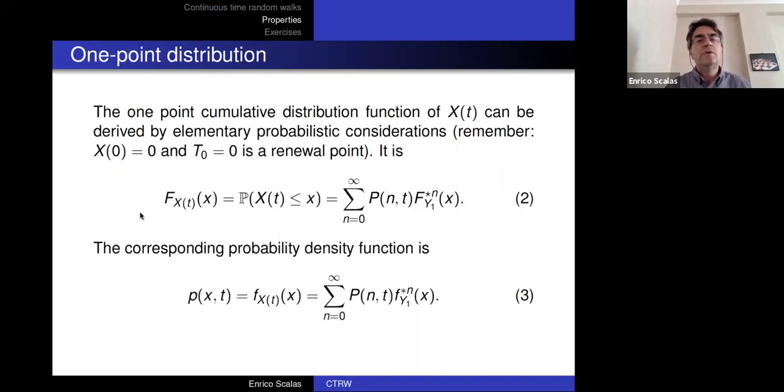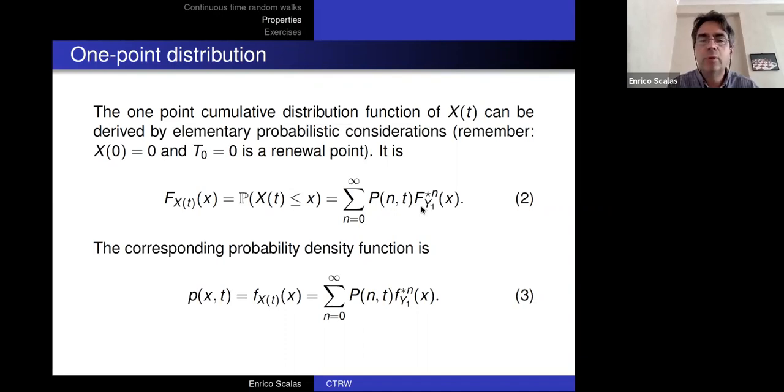So indeed, the one-point distribution is very easy to compute, and it can be derived by elementary probabilistic considerations. In particular, equation 2 is telling me the following.